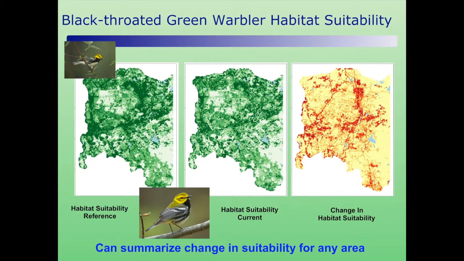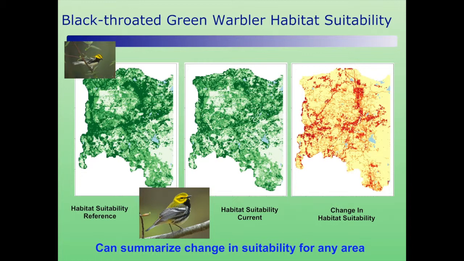From a management perspective, all sorts of things start running through your head now. What can I do in these areas to manage cumulative effects? This is present cumulative effects. What can I do to manage cumulative effects in the future? And where should I try to manage those cumulative effects in this regional landscape?